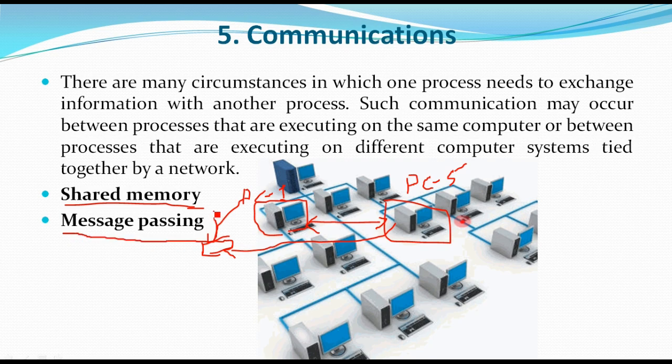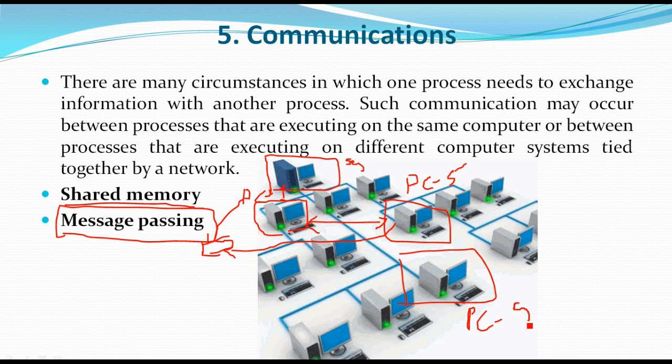Or else there is some message passing communication. Message passing communication means, assume that this computer is a server and PC1 wants to connect with this PC8. Assume that this is PC8. I am making it as PC8. Now PC1 wants to communicate or exchange some resources and information with PC8.